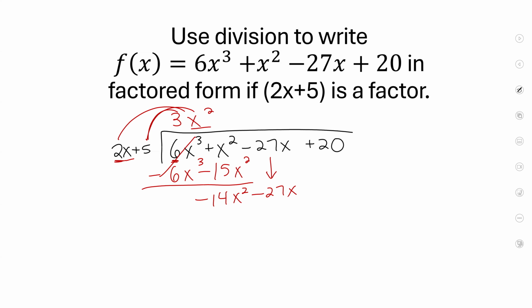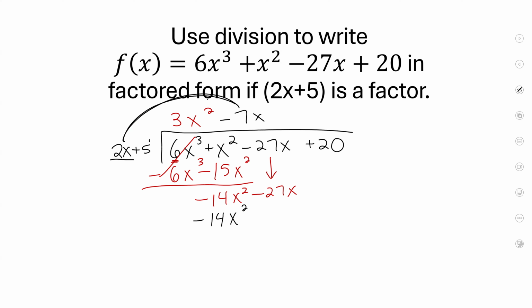Belle, help me out. 2x times what will give me -14x squared? Very good. Okay, we're going to multiply. Can you tell me what we get? 2x times -7x? x squared. Good.